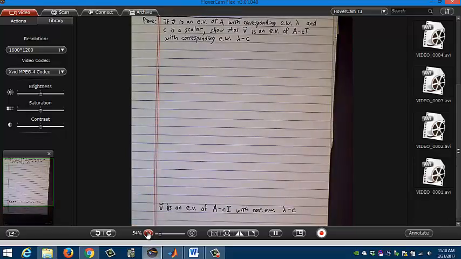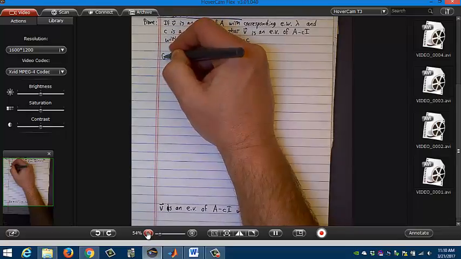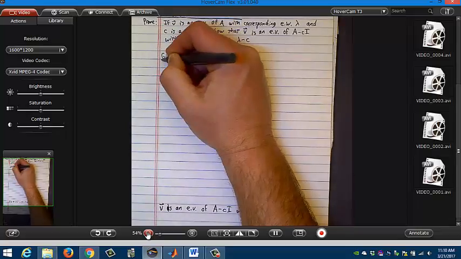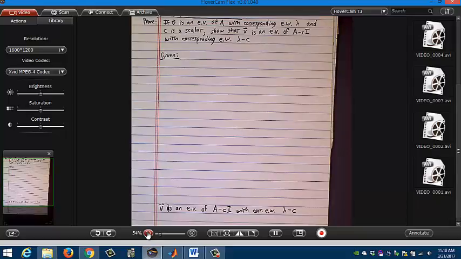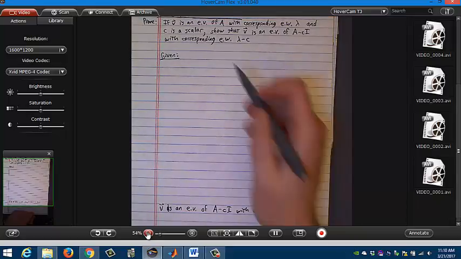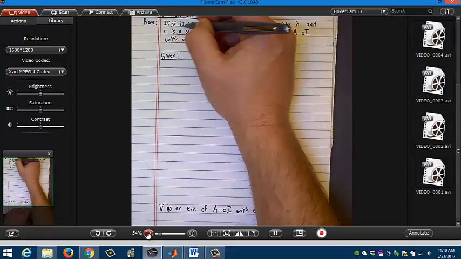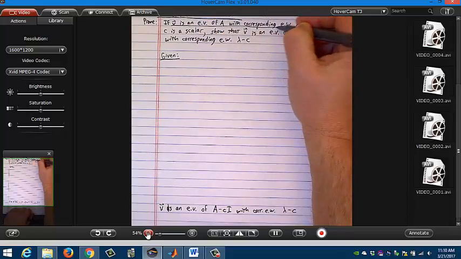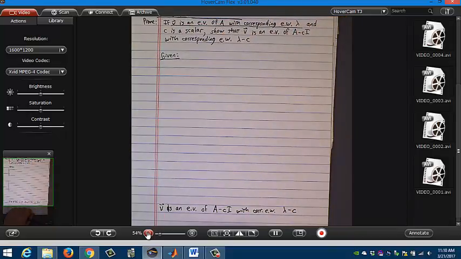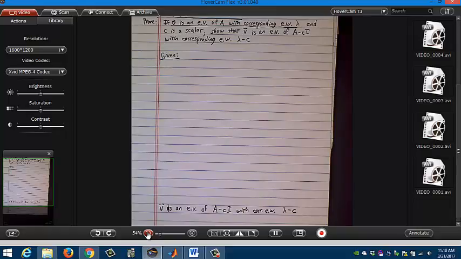Okay. And so as I look at this problem, I also want to take the given information, right? So what are we given? Well, we're given this: v is an eigenvector of A with corresponding eigenvalue lambda.